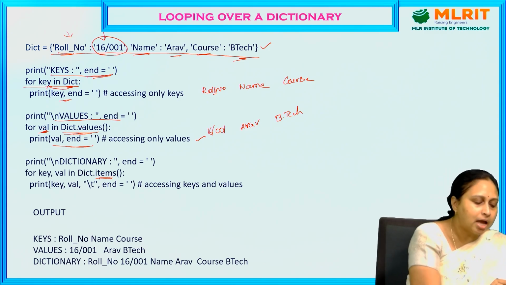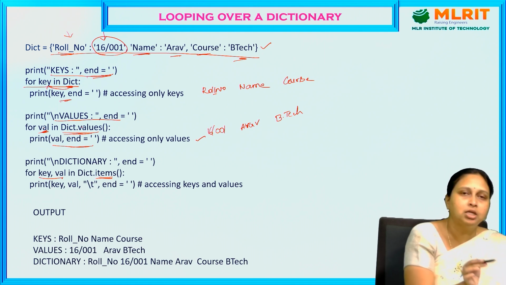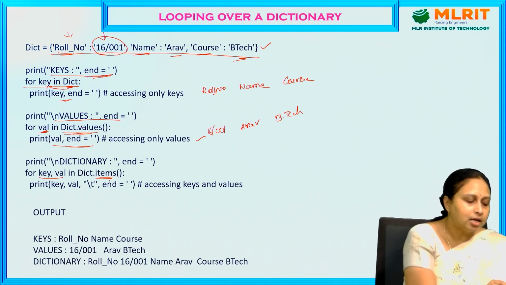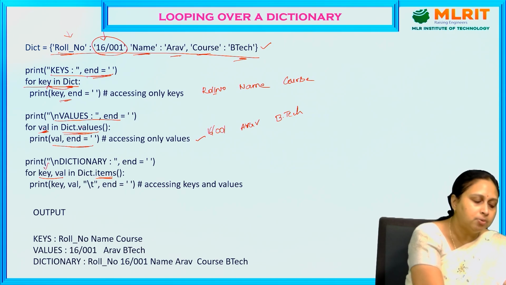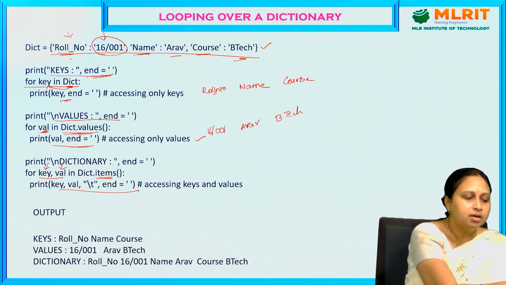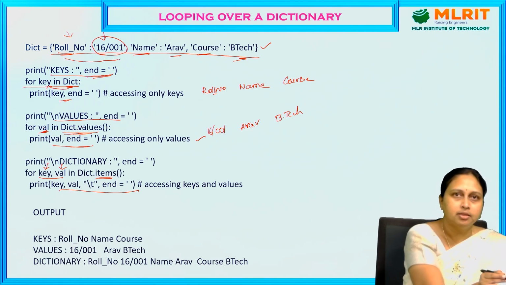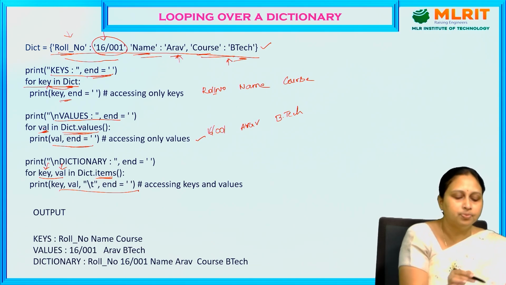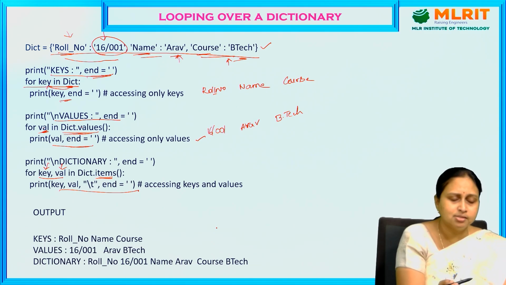But with items, you need to specify both key and value, so that it can store the key into the key place and the value into the val place. So you can access them one by one: roll number with that particular value, name with its value, and course with its value. All of those will be accessed and displayed.